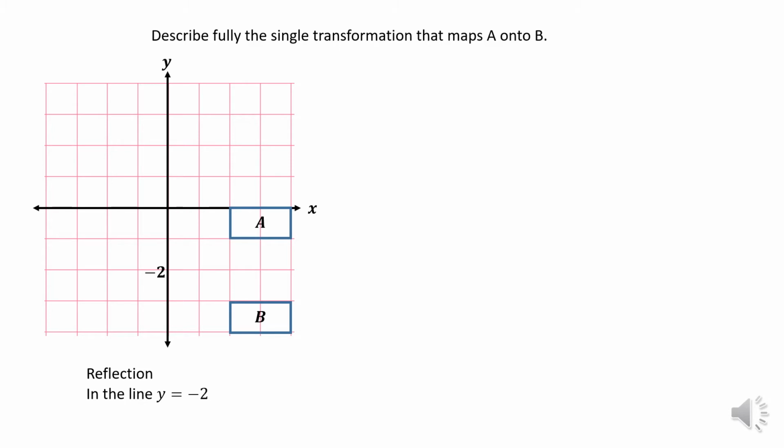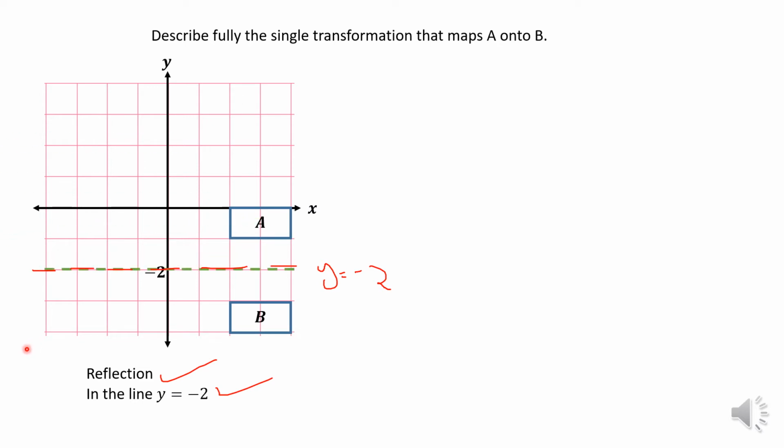It's also known as the line of symmetry. So in this particular case, it is this particular line here, all right, which is the line y = -2. So there are two things that you need to explain mostly when you're doing reflection. You have to say reflection, and then you must also give the line of reflection.